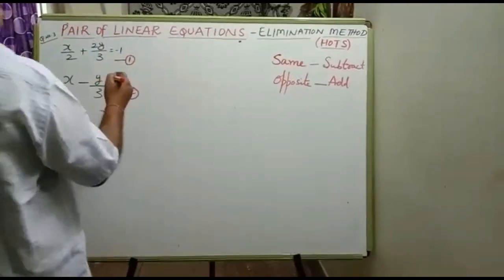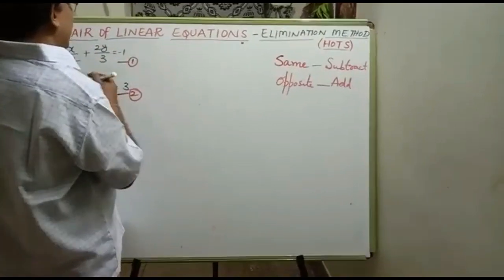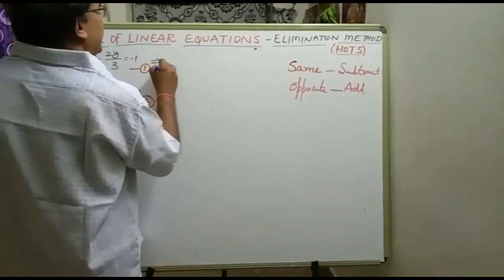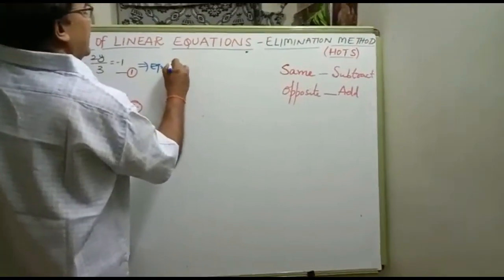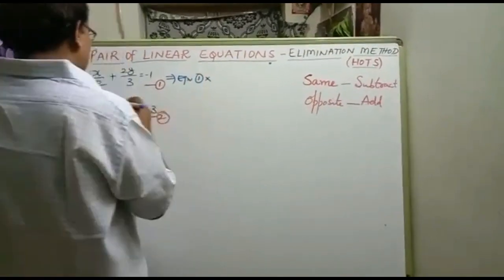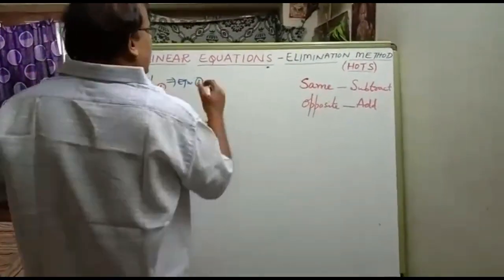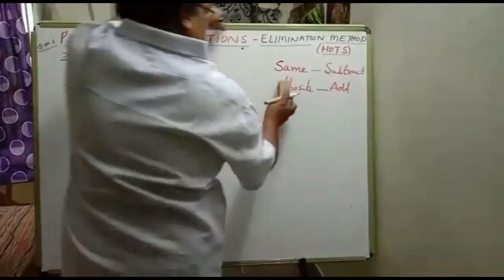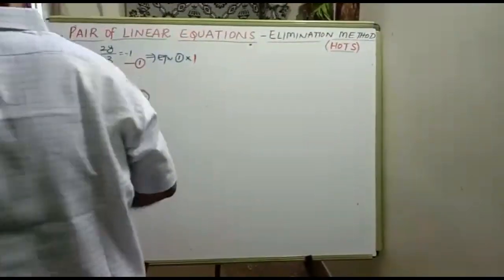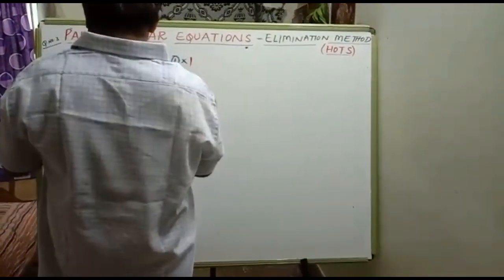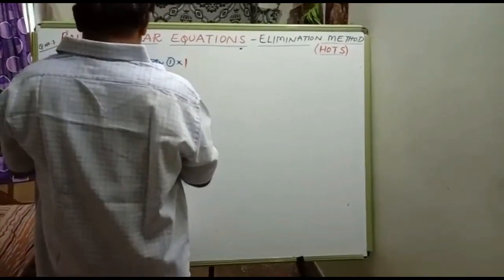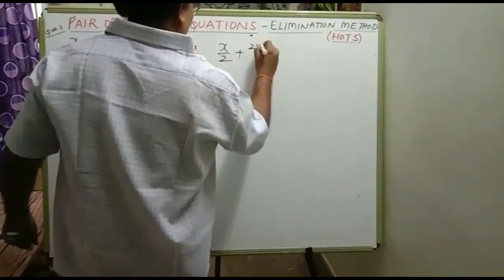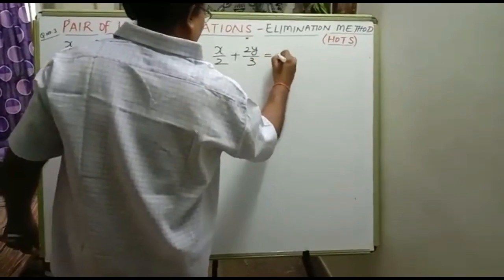Equation 1 into 1, normal constant 1, that is nothing but as it is. What is the equation? x by 2 plus 2y by 3 is equal to minus 1.